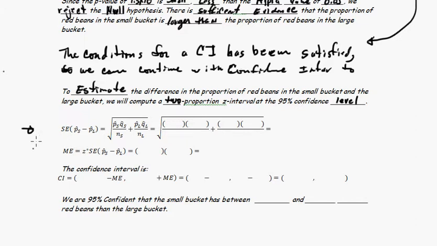Now we don't pool. We have no basis to pool for a confidence interval. So what we're going to have to do is calculate a regular standard error. So these numbers I remember, 1090, and the proportion of red beans in the small bucket was 0.457 and 0.543, I believe, and 0.344 and 0.656.